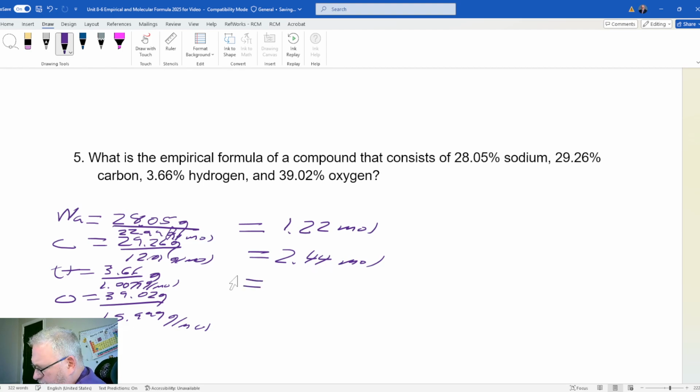Hydrogen, 3.66 divided by 1.0079, 3.63 moles. And then oxygen, 39.02 divided by 15.99, 2.44 moles.